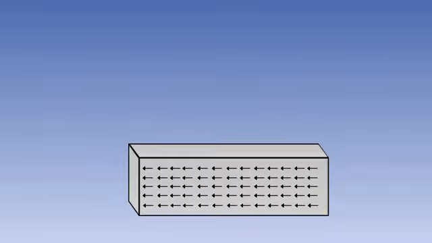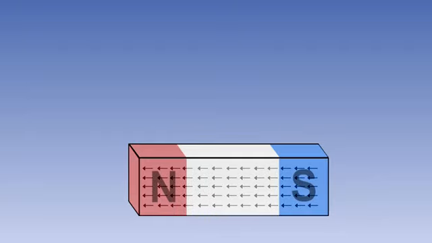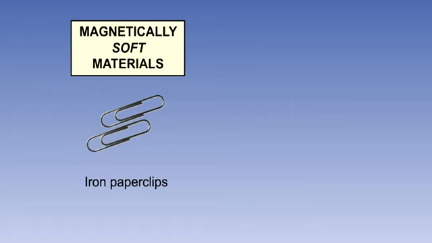A magnet where all the internal micromagnets are pointing in the same direction is said to be saturated. It cannot be magnetized anymore. The ease with which the micromagnets are realigned depends on the material in which they exist.